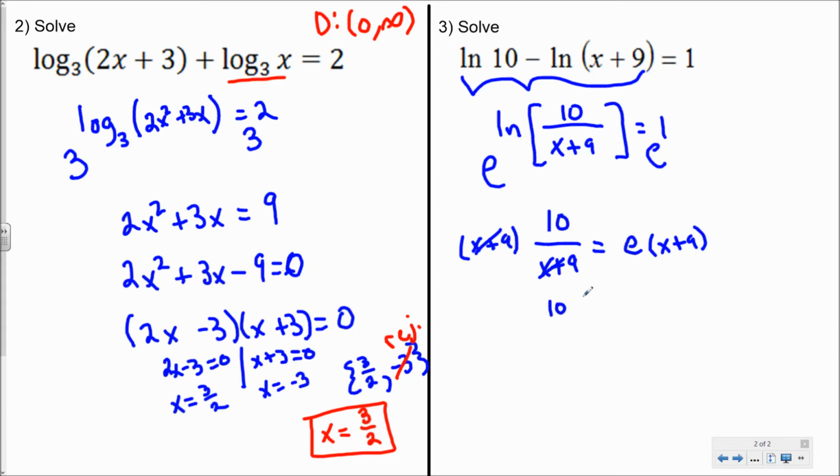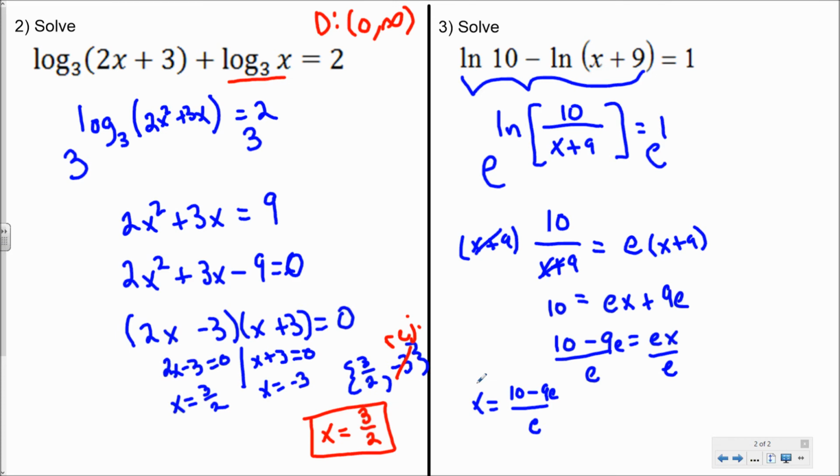So that I'm left with 10 is equal to, and now I'll distribute that e, and I get e times x plus 9 times e. And then to isolate x, I'll subtract 9e from both sides, and then divide both sides by e. So that my final answer is x is equal to 10 minus 9e divided by e.